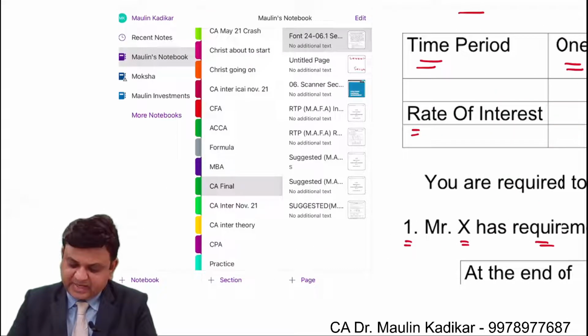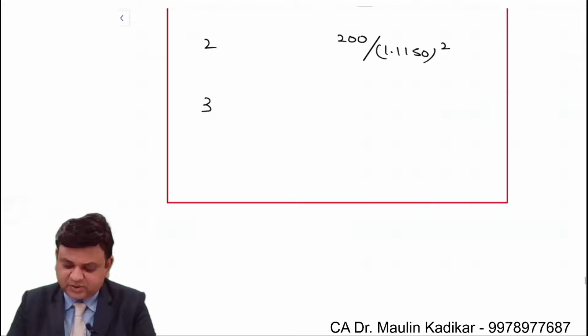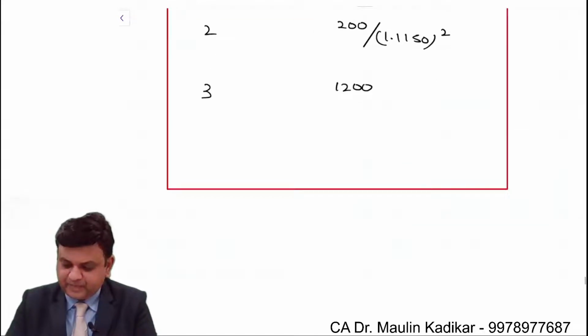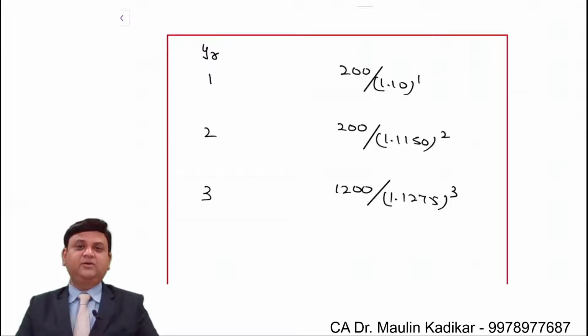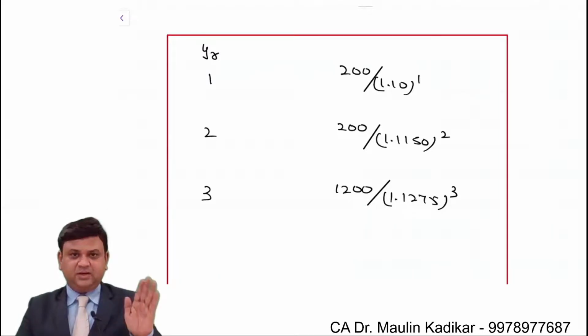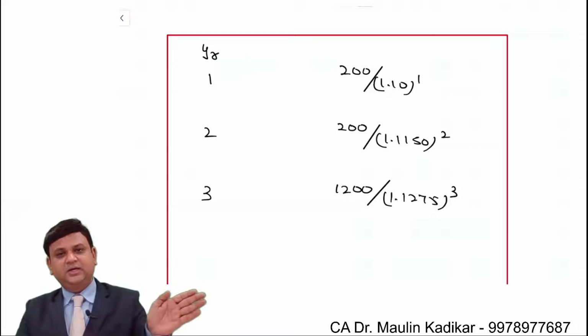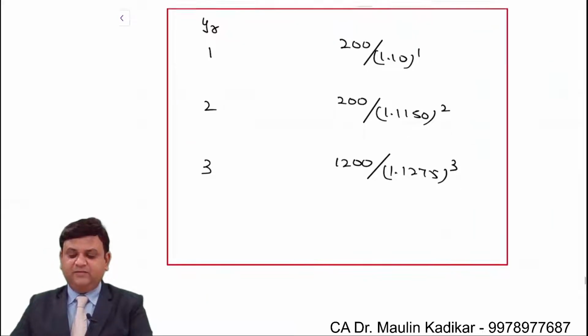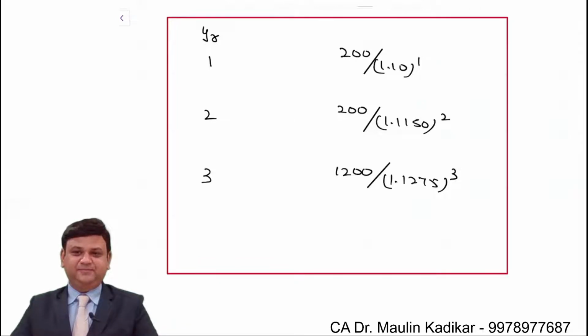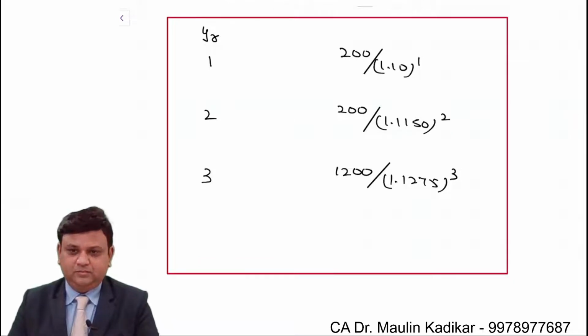And similarly for the third, it is 1200 divided by 1.1275 raised to 3. So whatever amount you are going to receive at the end of the first year, second year, third year is discounted in present value terms to compute the value of the zero coupon bond.